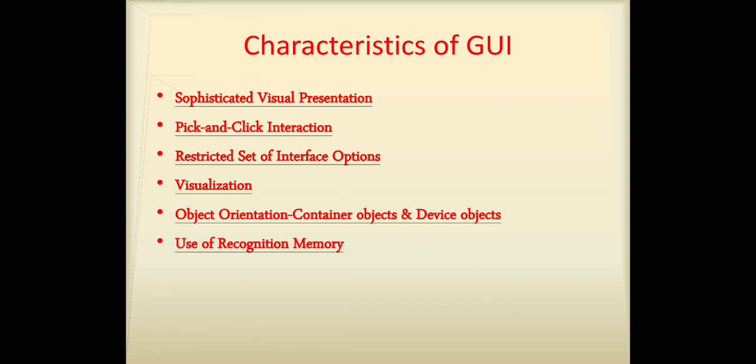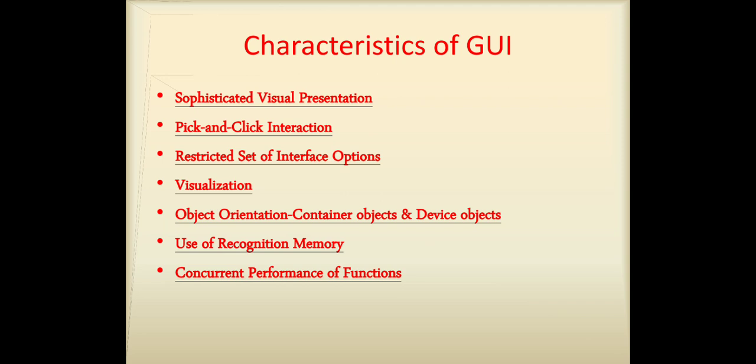Similarly, use of recognition memory. So continuous visibility of objects and actions encourages the use of a person's more powerful recognition memory. This eliminates the out of sight, out of mind problem.